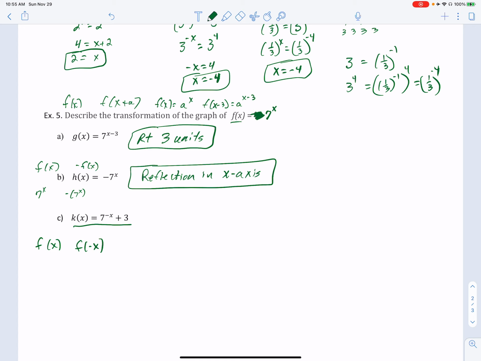It has the reflection in the y-axis, and then if you have f of x, but to that f of x you add some number or subtract it, that is moving the function up or down. So in part C, you have both a reflection in the y-axis and you're going to go up 3 units.